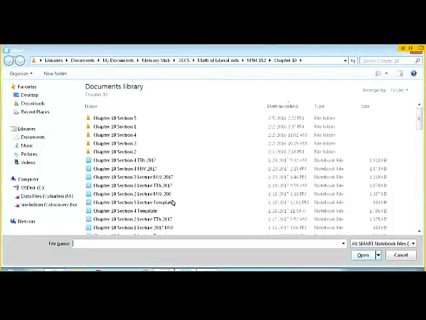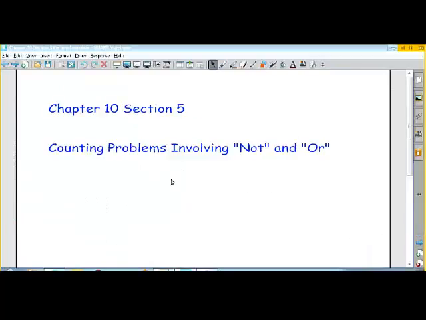Okay, where are we going here? Section 5. So the last section is counting problems involving not or. Sometimes instead of counting something in one way, it's easier to count it in 2 different ways and use subtraction, subtract one count number from another to get the net result.